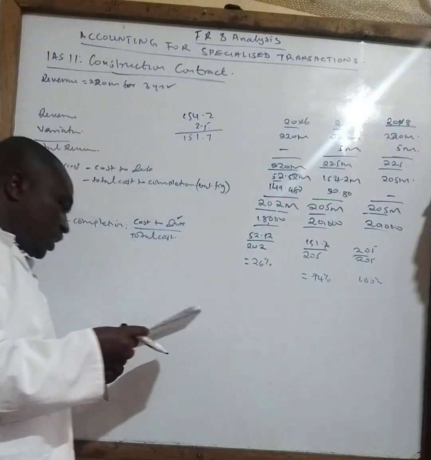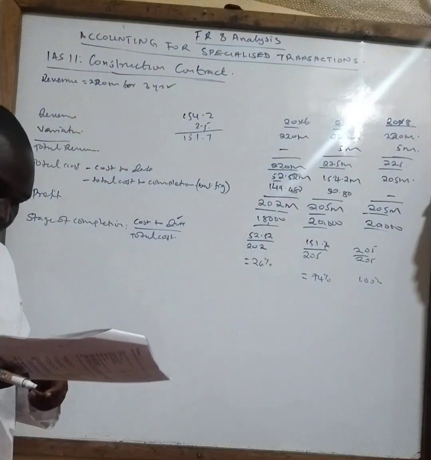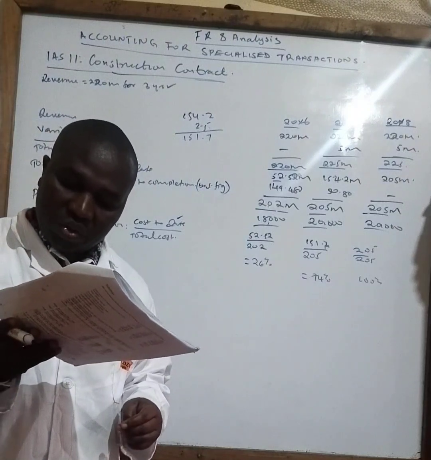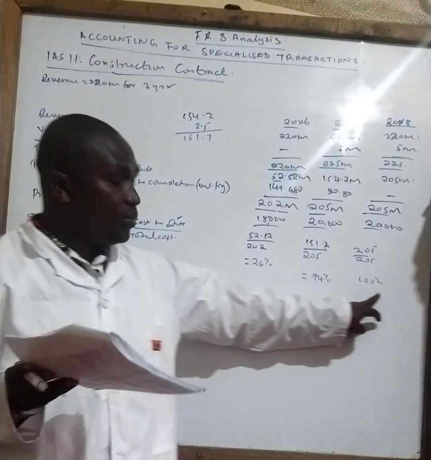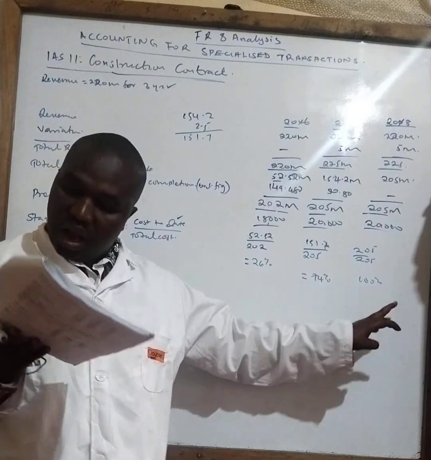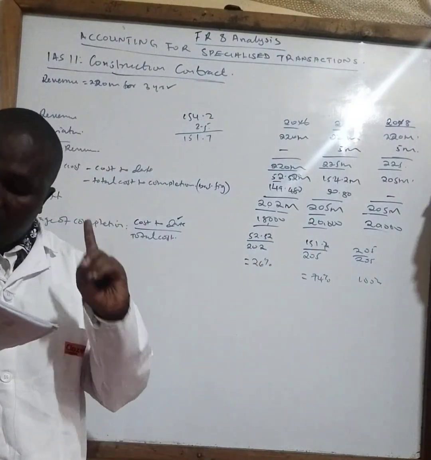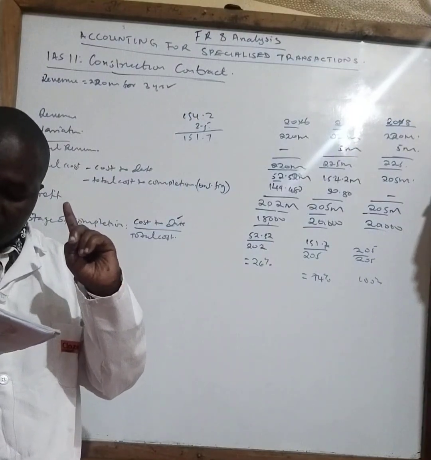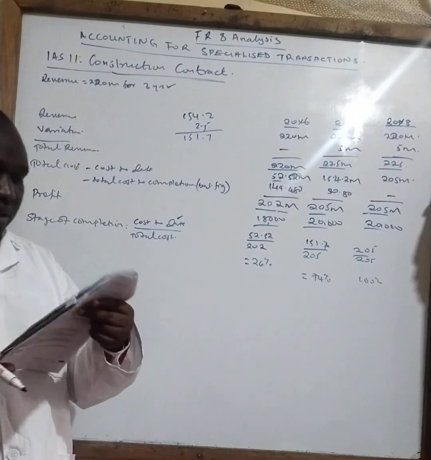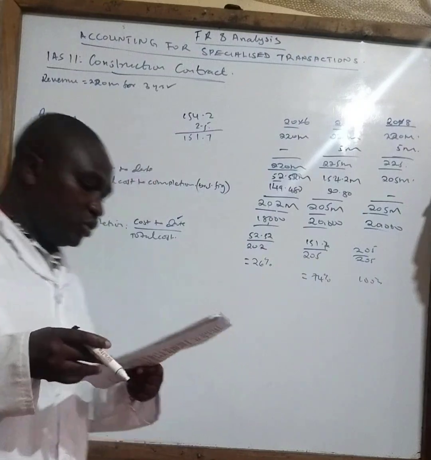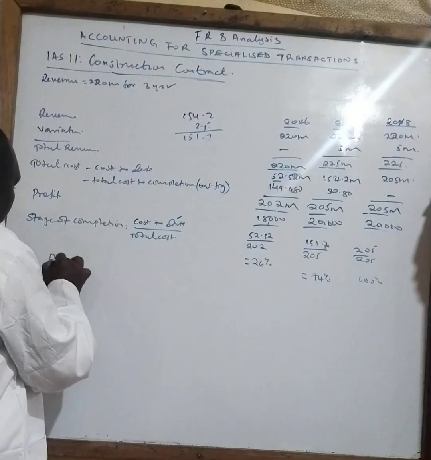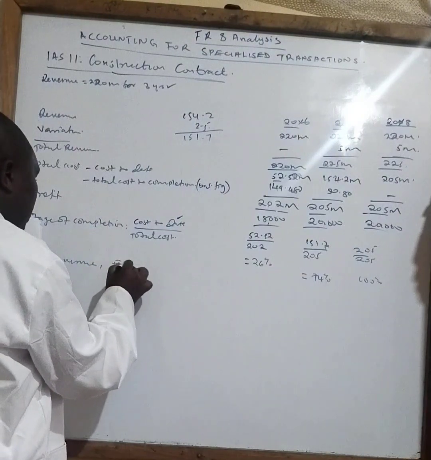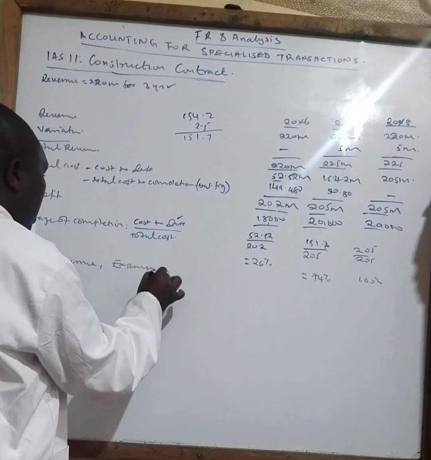So what was the question saying? The question was saying, calculate the stage of completion for each year of the contract. Stage of completion is correctly done here. And show how revenues, costs, and profits will be recognized in each year. So we need now to show the revenues, expenses, and profits.